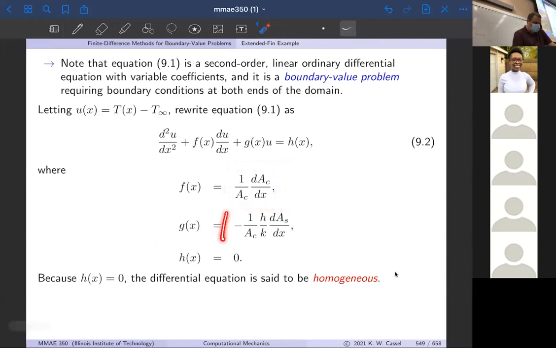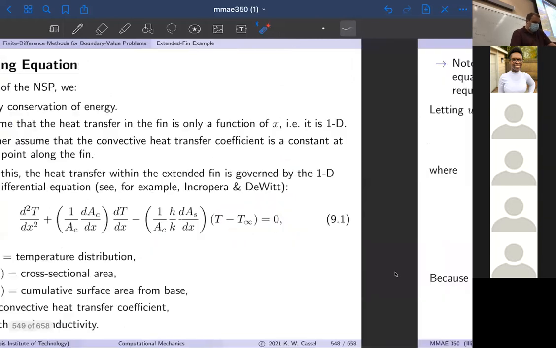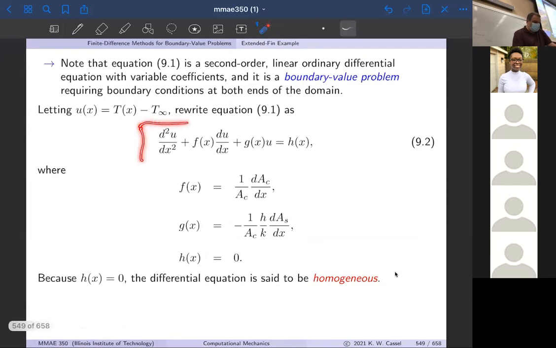And then g is the coefficient on u, which is this coefficient right here, minus 1 over A_c, h over k, dA_s/dx. So I'll just lump all those things together. And so now we can more readily see the form of the ordinary differential equation. In this case, h is 0, in which case we say that the equation is homogeneous, which is always just our fancy way of saying something is equal to 0.